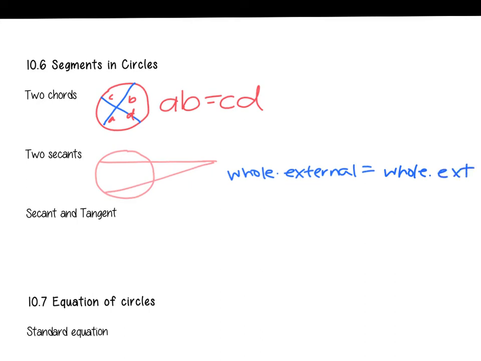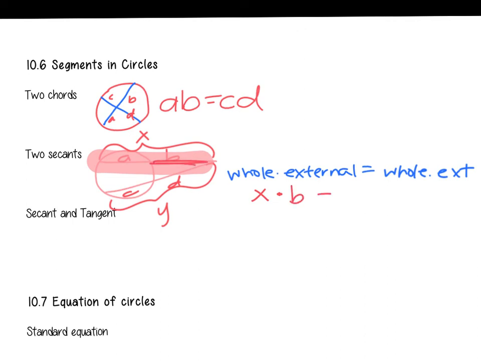So if this is A, B, C, D, and this is X, Y, let's say, then the whole length of this segment here, which is your X, times the external part here, which is B, would equal the whole length of the other secant, which is Y, times its external part, which is D.